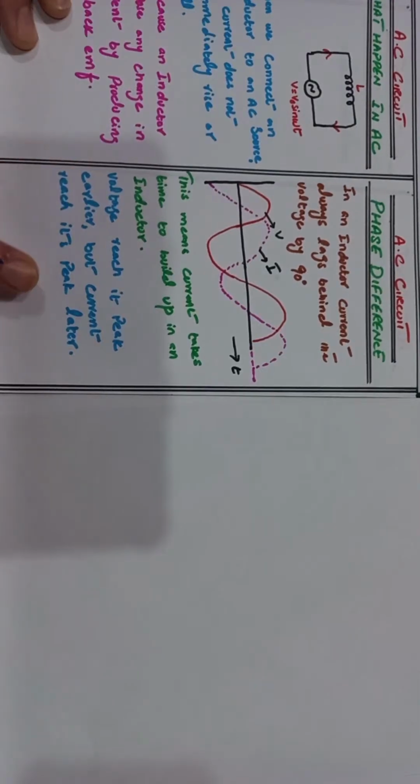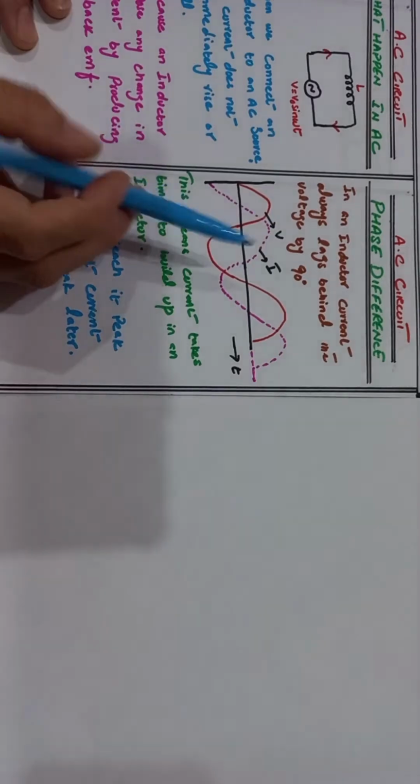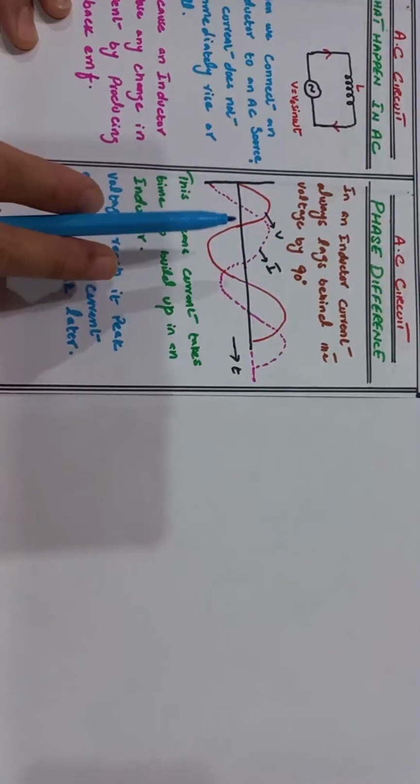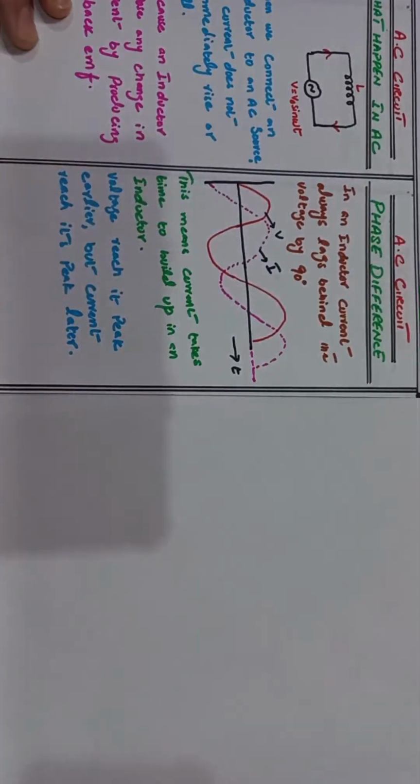So here the phase difference between voltage and current is 90 degrees whenever an alternating voltage source is applied to an inductor. Okay, now move to the next topic.